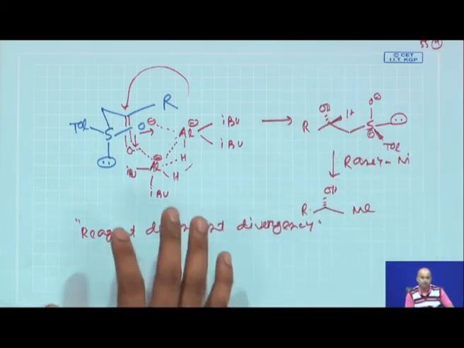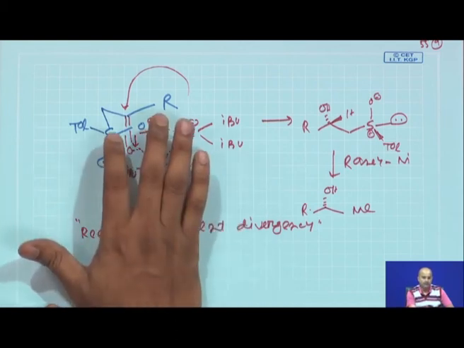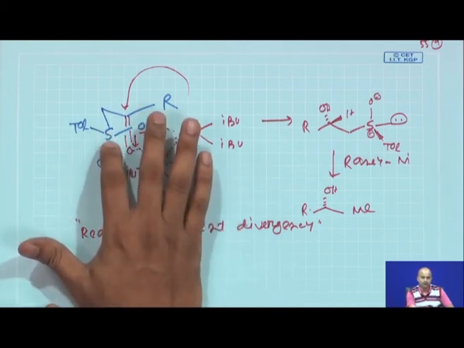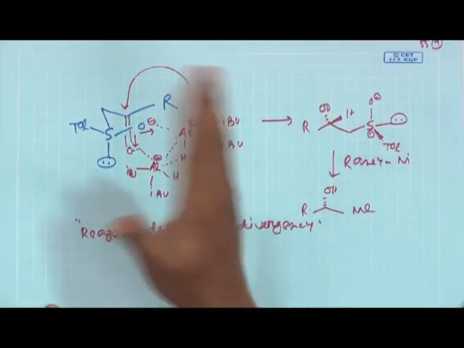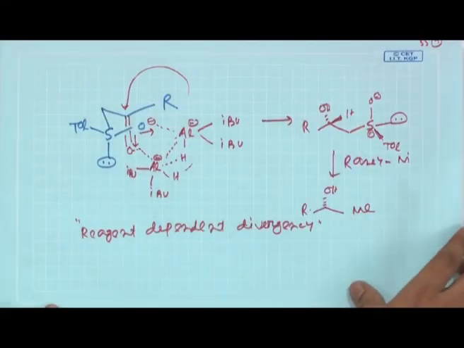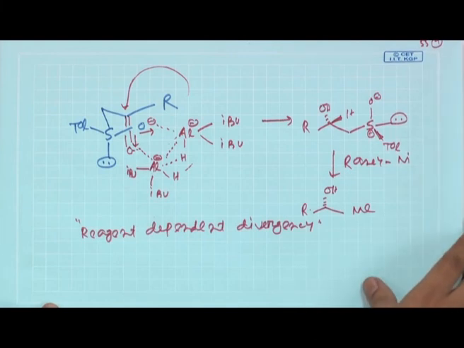You do not use a chiral reagent; you have an existing chiral center from the sulfoxide. It is a substrate directed approach. In one case the hydride is delivered internally, in the other case the hydride is delivered externally, and that gives you the divergency.